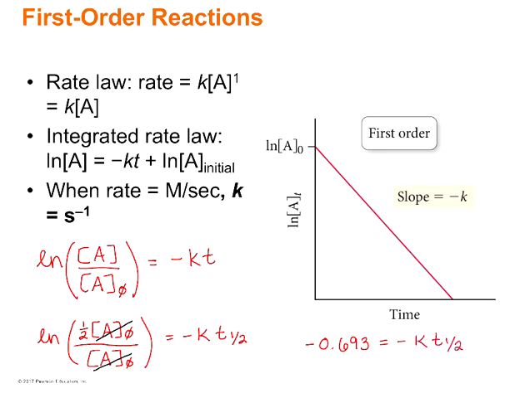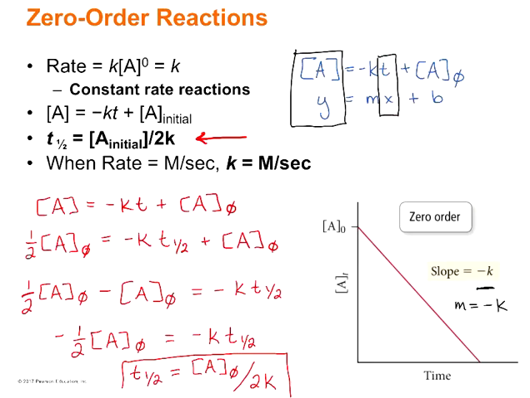And that's still equal to negative K times T 1/2. So if we rearrange to solve for T 1/2, that will equal 0.693 over K. So what this tells us is that the half-life of a first-order reaction does not depend on the concentration of A. So for instance, if we go back to our zero-order reaction, the half-life does depend on the initial concentration of A. So you can see that at the very bottom.